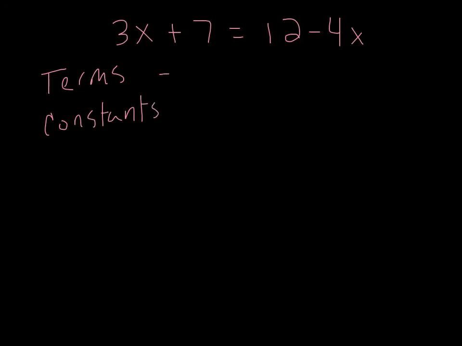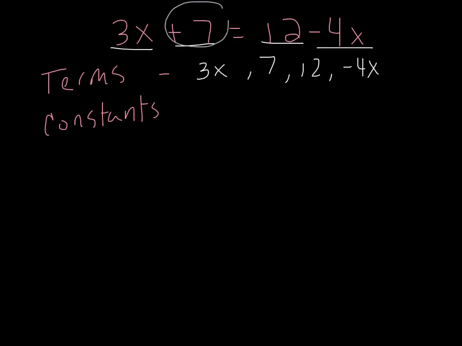So for terms, we have 3x as one term. We have 7 as one term. We have 12 as one term. And finally we have -4x as another term. And our constants in here, the only two are 7 and 12. So those are your constants.